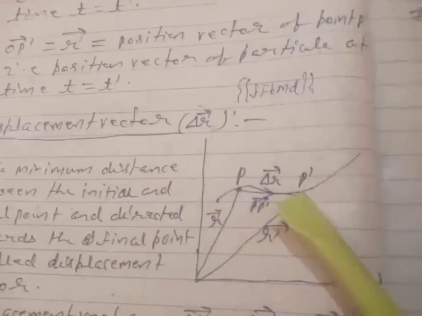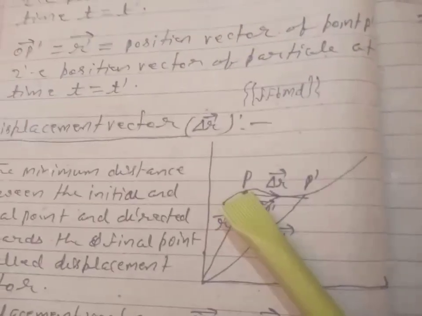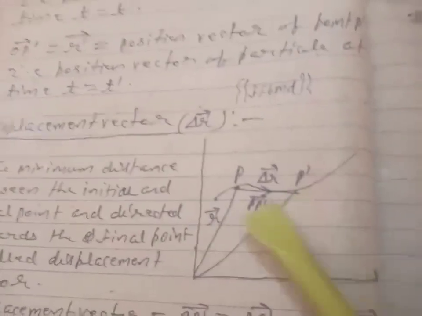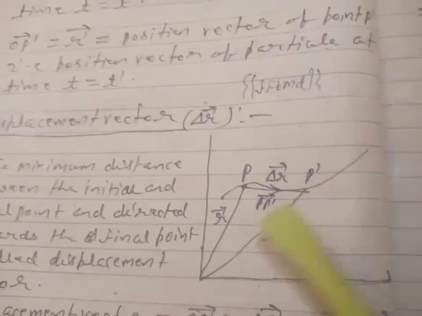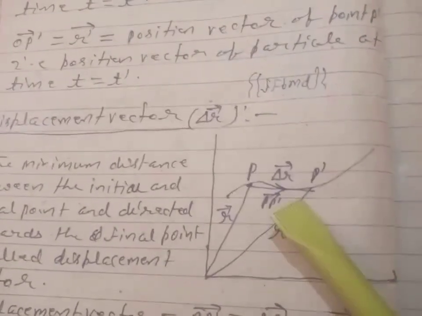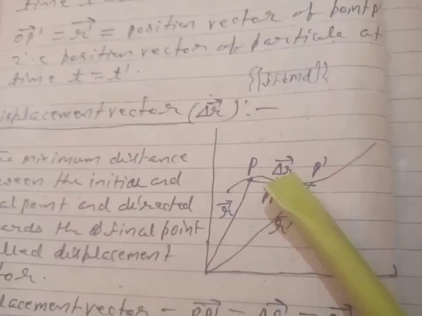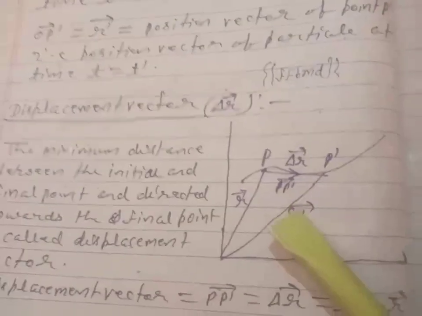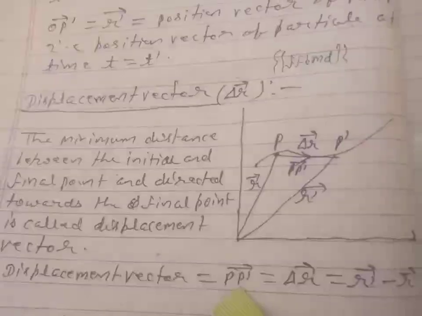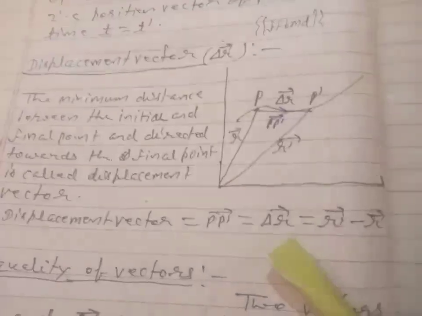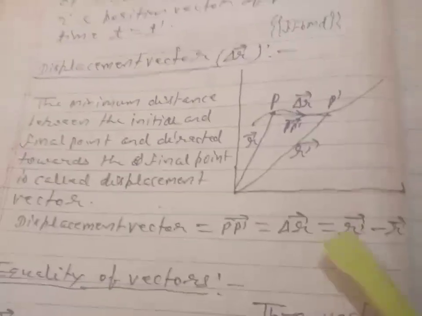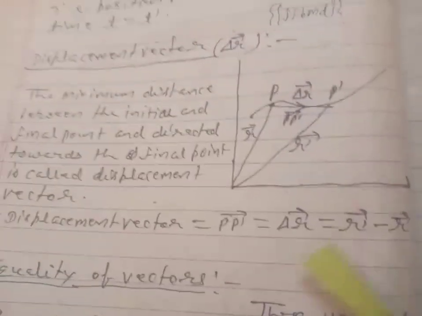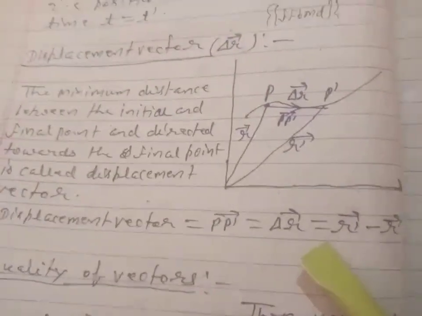So this displacement, the shortest distance between P and P dash, directed toward P dash, represents a displacement vector, that is the PP dash vector, which is equal to the delta r vector. We can write the displacement vector as delta r vector equals r dash vector minus r vector. This can be shown with the help of the triangle law of vector addition, which we will learn further.